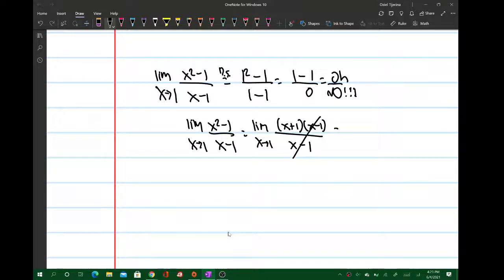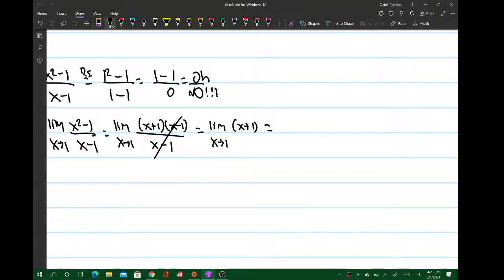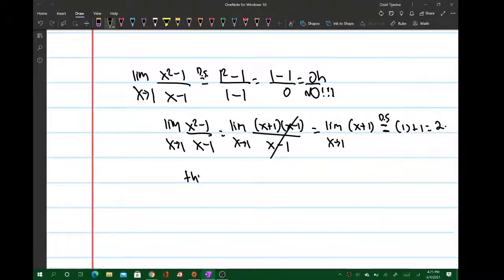This cancels out, so this is equal to the limit as x approaches 1 of x plus 1, which by direct substitution is 1 plus 1, which is equal to 2. So the limit as x approaches 1 of x squared minus 1 over x minus 1 is equal to 2.